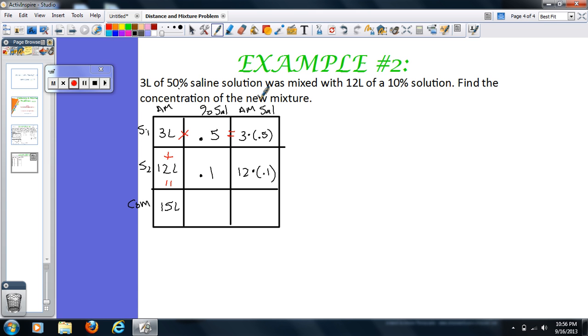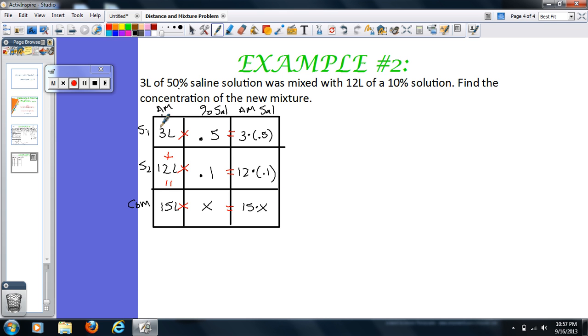Find the concentration, which means I'm looking for the percentage. We don't know this, so I'll replace it with an X. Again, this box times this box equals this box, so that's 15 times X.